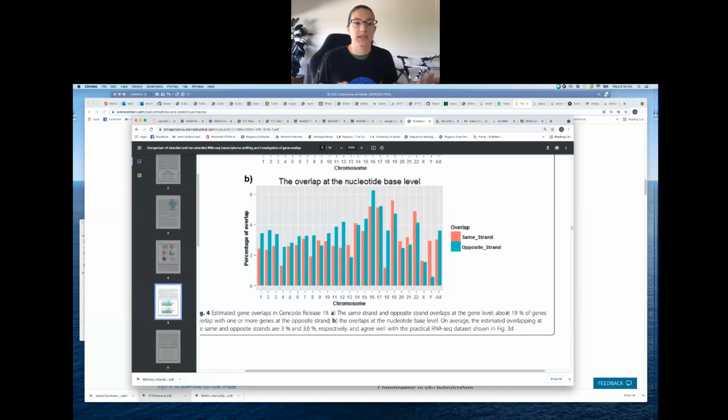So almost 20% of genes, in this human reference, and we're very similar to mice, can have overlapping transcripts on opposite strands. If we don't know which strand our template came from, we have no idea what to assign a read to if it covers that overlapping region. Does that make sense for why we do stranded libraries and why they're important?